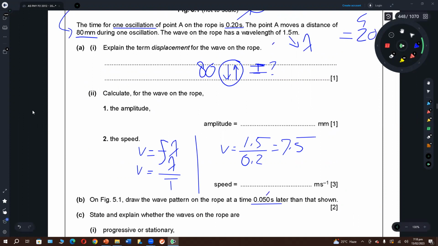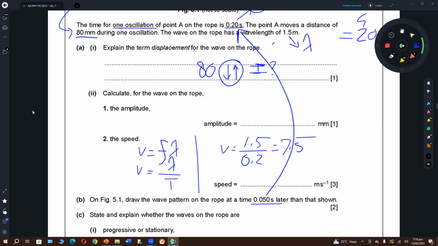You have to compare this number with this number. Can you compare 0.05? One complete cycle is 0.2, so 0.05, will it be the quarter of one cycle? Yes, it will be 1/4 of the complete cycle.